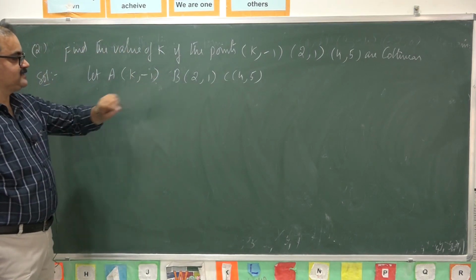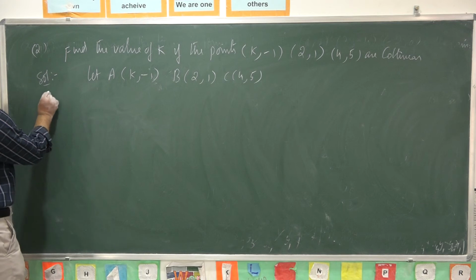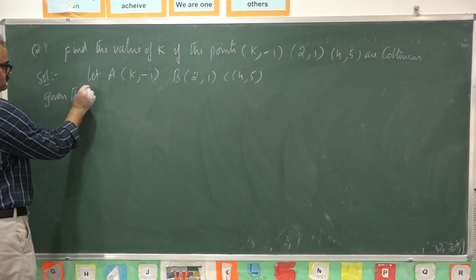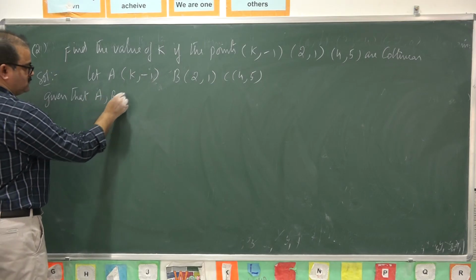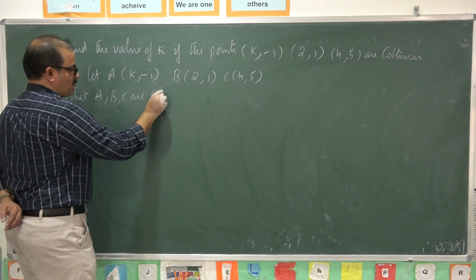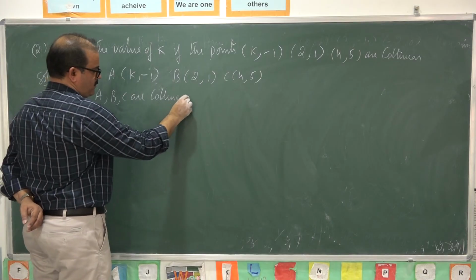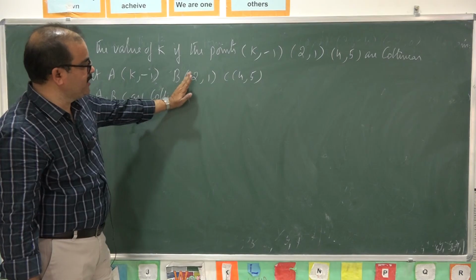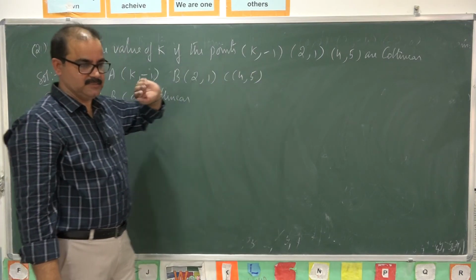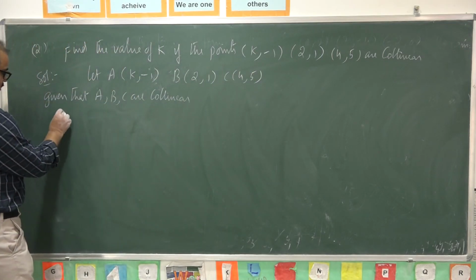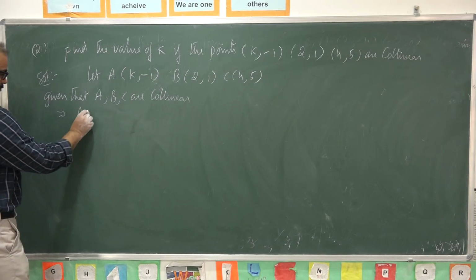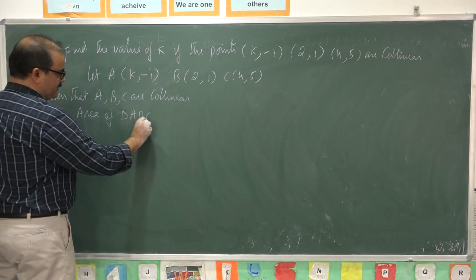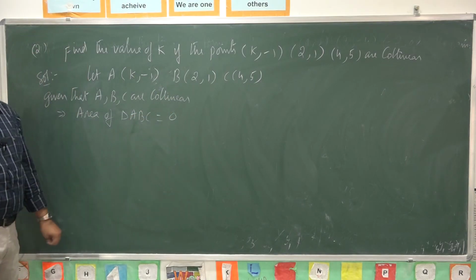Given that ABC are collinear, if ABC are collinear, then area of the triangle ABC is 0. That implies area of triangle ABC is equal to 0.